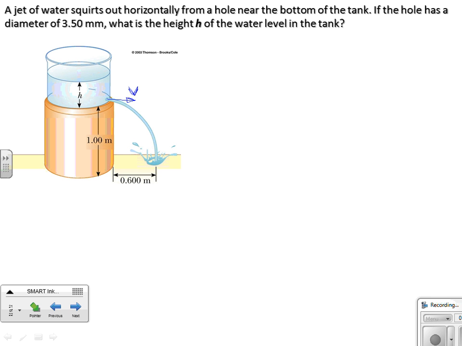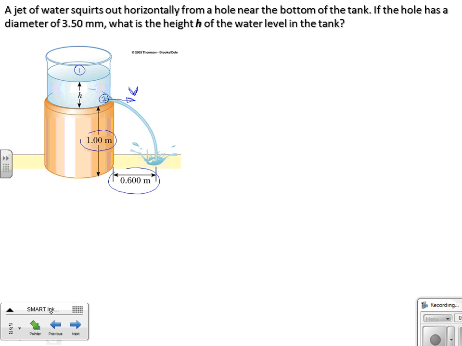Let's name a couple of places, 1 and 2. 2's right at the hole. We're going to have to find V based on this horizontally launched projectile stuff, so let's start there.